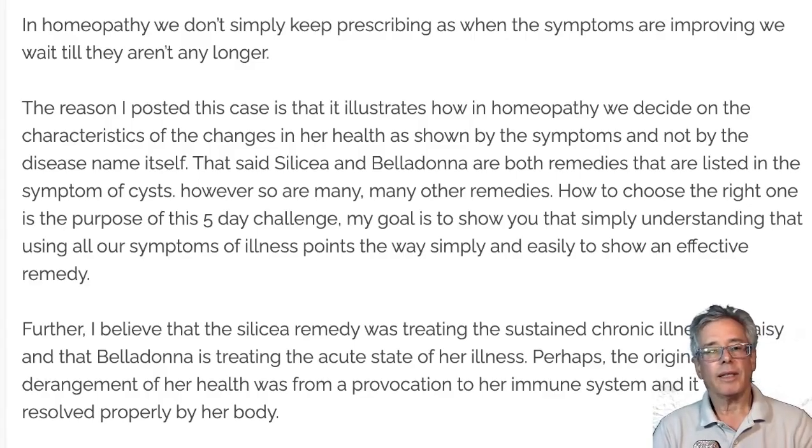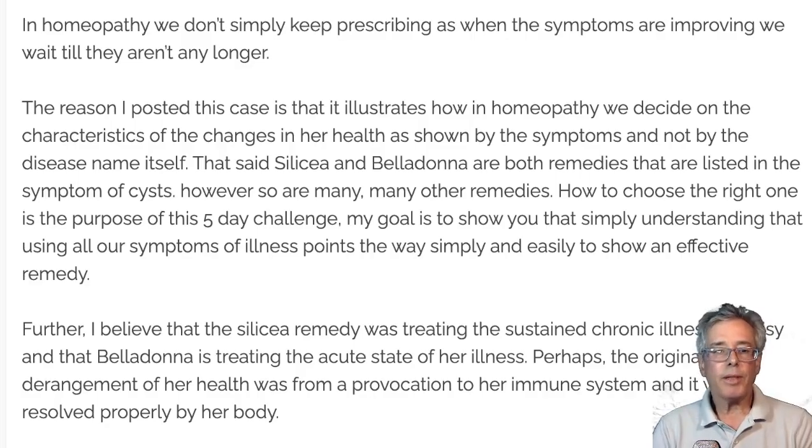And if you look under cysts in some of the books, there'll be 200-300 remedies that have cysts. So you cannot use the word cysts to choose a remedy. You have to add in the characteristics.